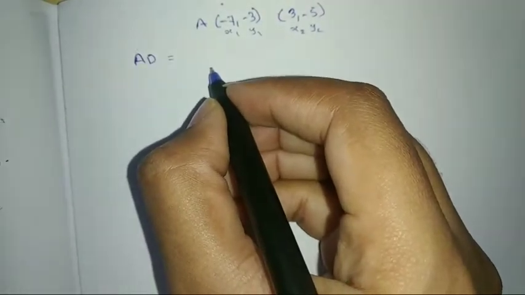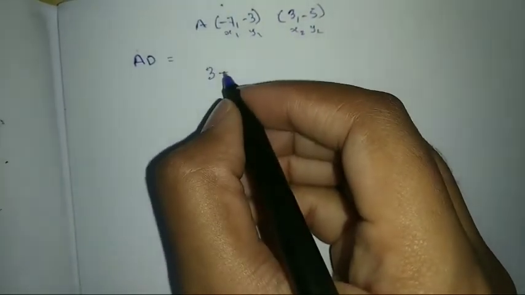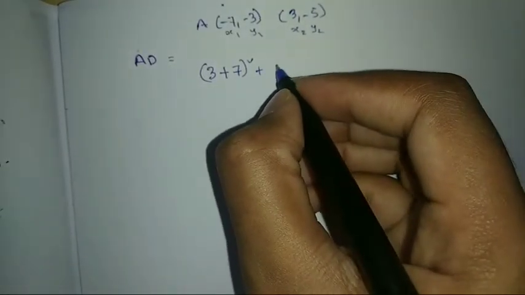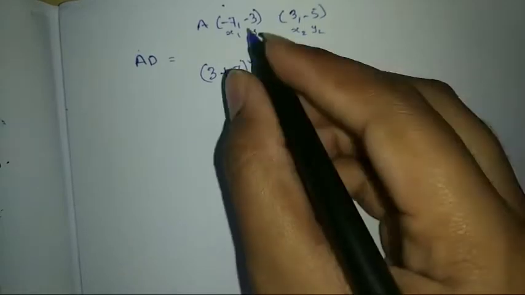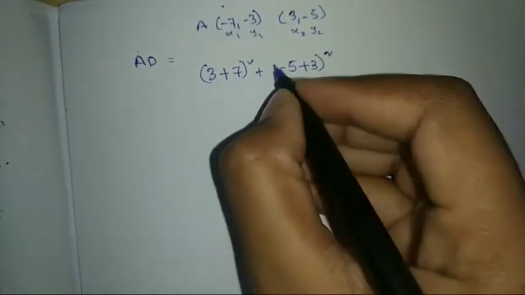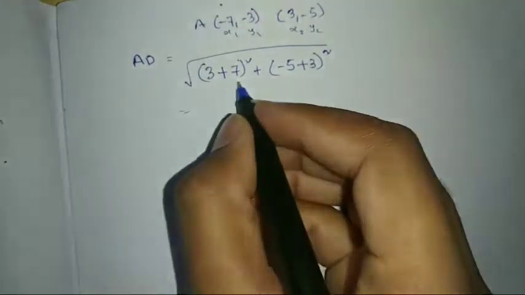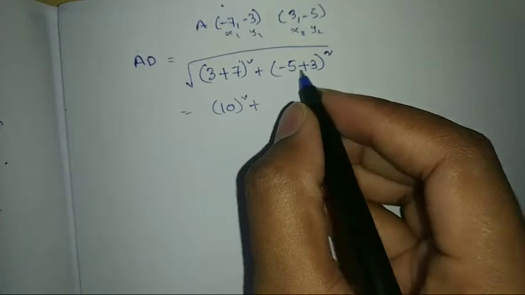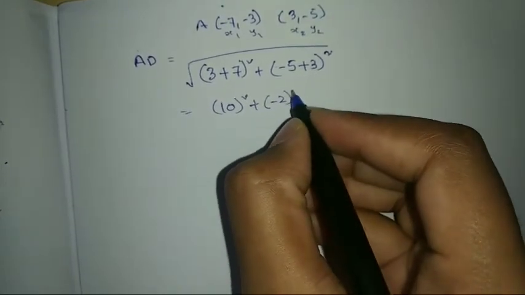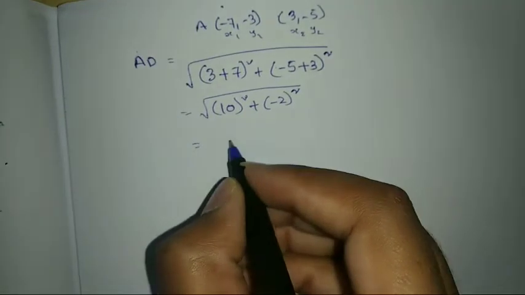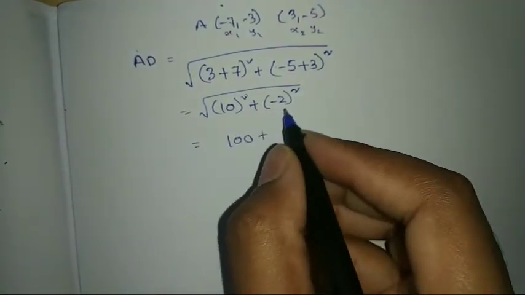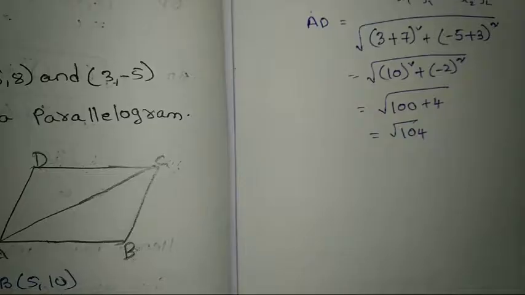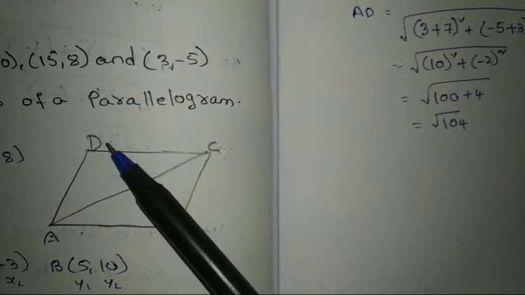Substitute in distance formula. 3 minus of minus 7 whole square plus minus 5 minus of minus 3 whole square, root of 7 plus 3, 10 whole square plus minus 5 plus 3, minus 2 whole square. 10 into 10 is 100 plus 2 into 2 is 4. We got root 104. We got AD distance is root 104.